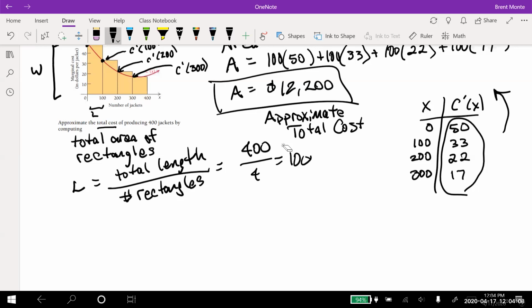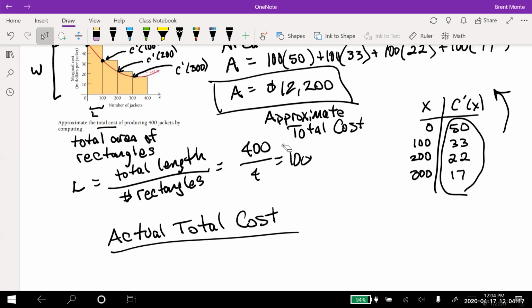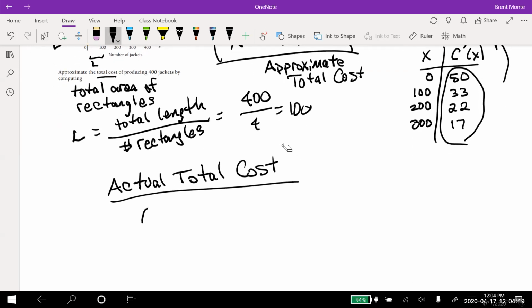If I wanted the actual total cost, what I do, and you may have thought of this, is take the antiderivative, because they gave me the derivative, but I want the function, so I have to go backwards and anti-differentiate it.